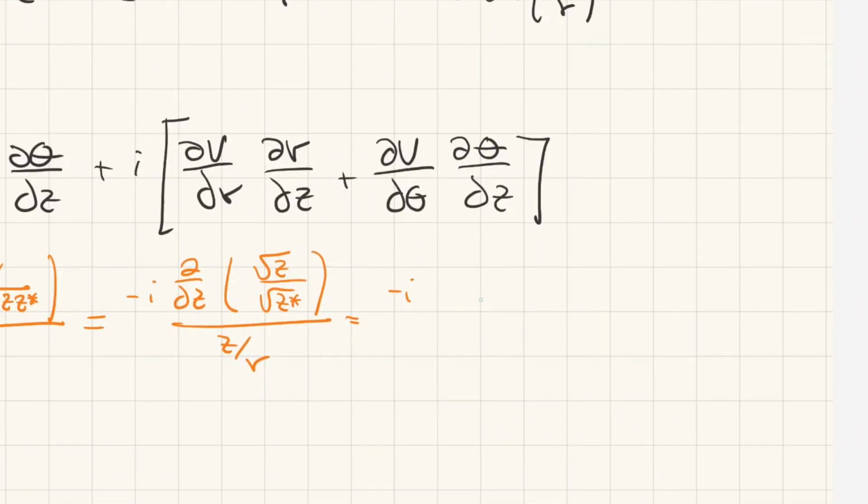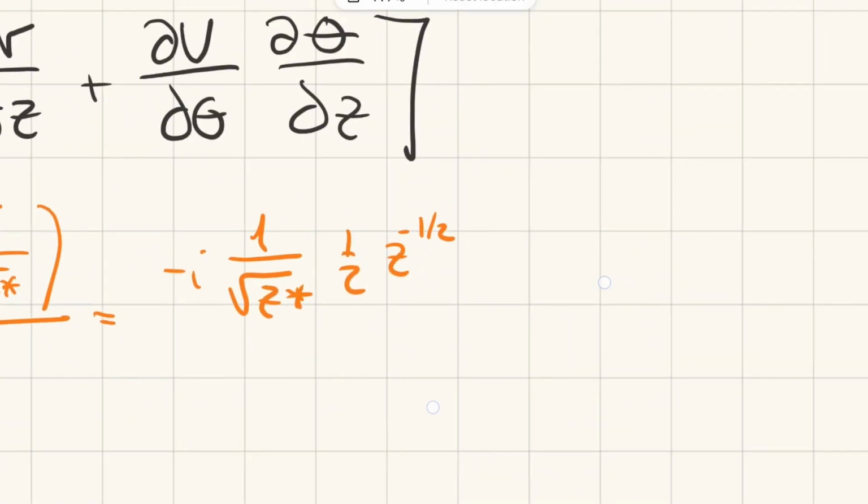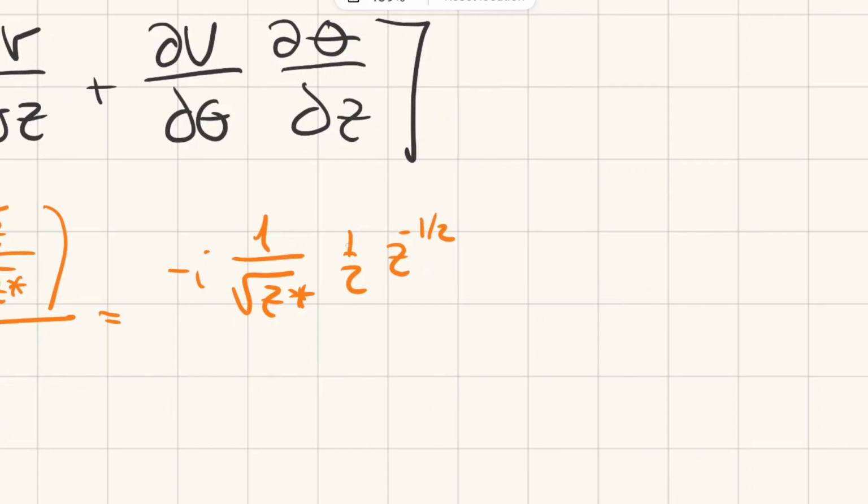And what will that be? We have 1 over the square root of z conjugate, and then 1/2 z to the negative 1/2, right? So we can write this as 2 times the square root of z conjugate times z, right?